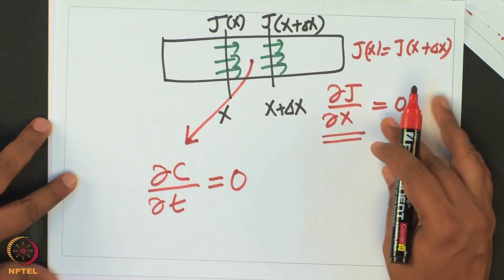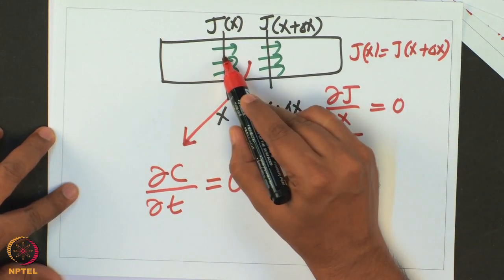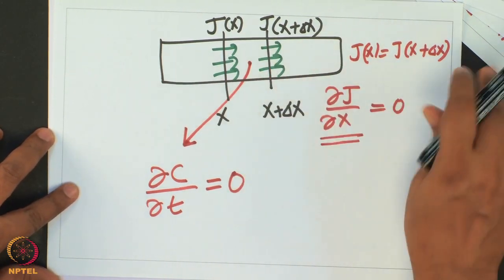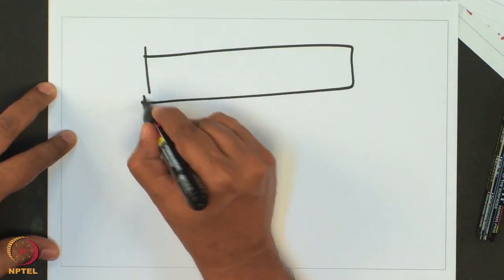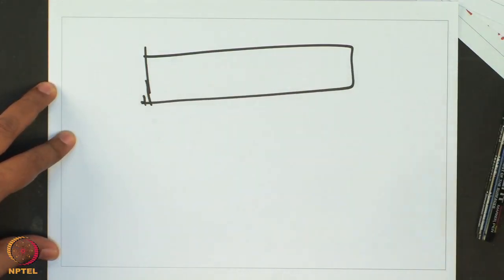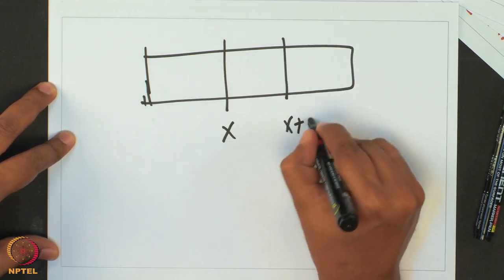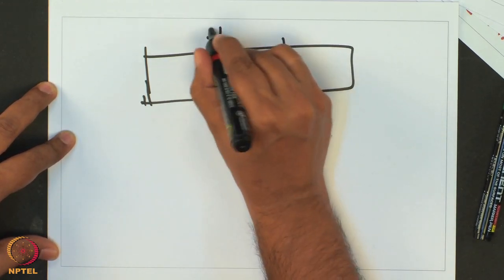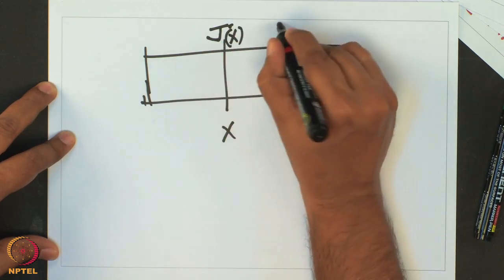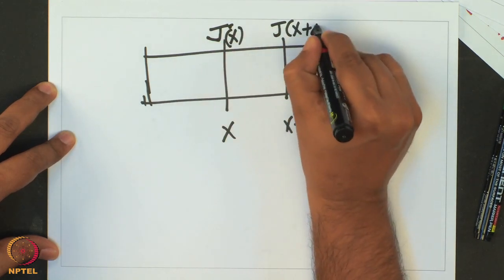The second point is, let us imagine a case where this is not equal to this. So that is the second point that we will consider. So let us consider again a tube like cell. Let us consider 2 points, x and x plus delta x, and the flow here at x, and this is the flow at x plus delta x.